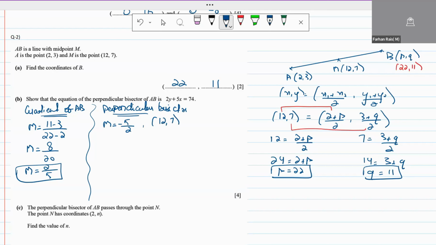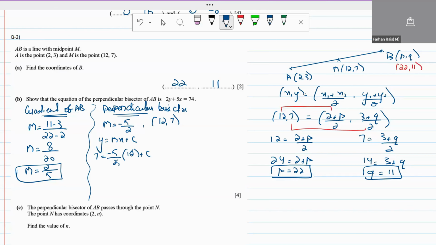Using the gradient and the point, we'll now find the value of C using y is equal to mx plus C. In place of y, the y coordinate is 7. The gradient is minus 5 upon 2. The x coordinate is 12, plus C.